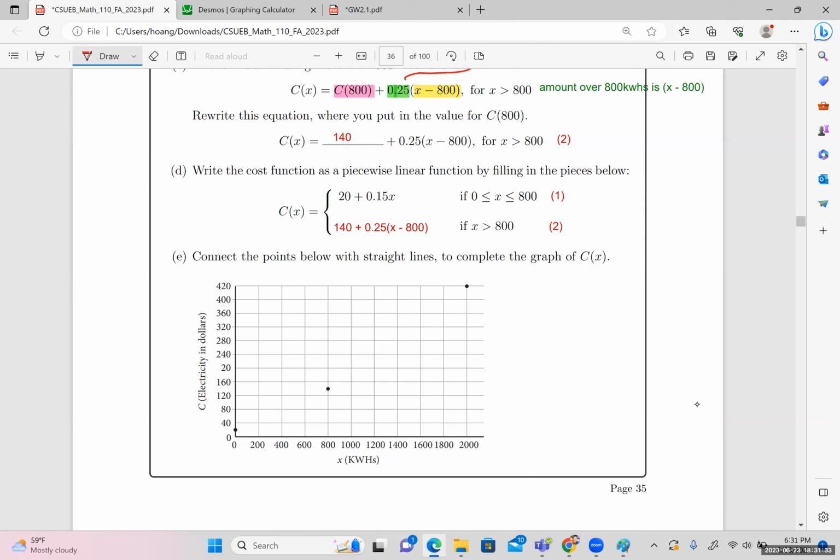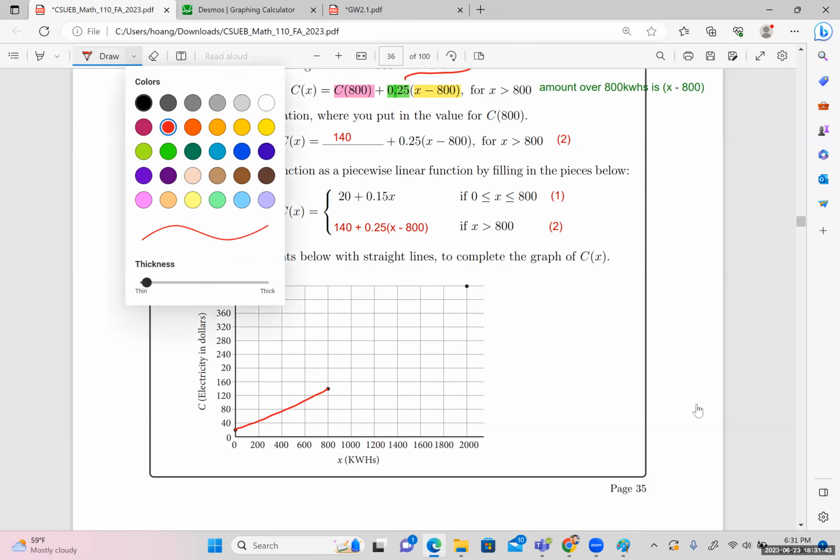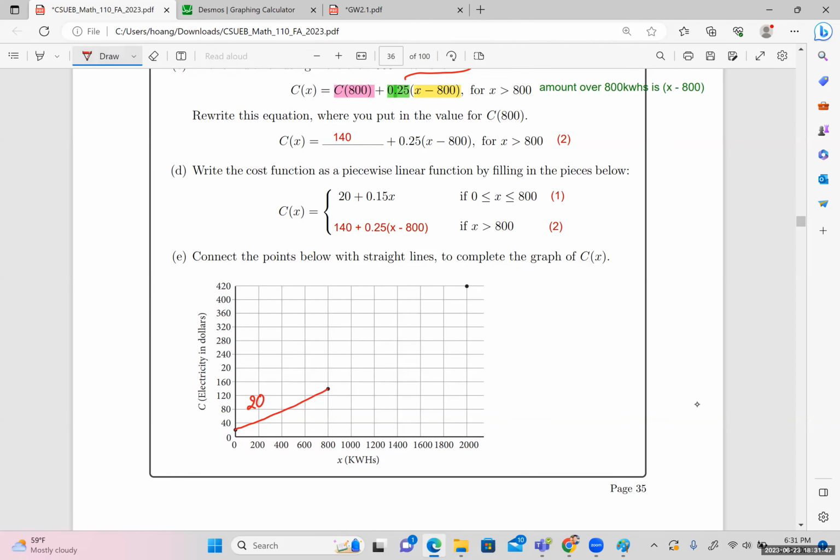The first part is 20 plus 0.15x, it's going to be this line. I write C of x equal to 20 plus 0.15x.